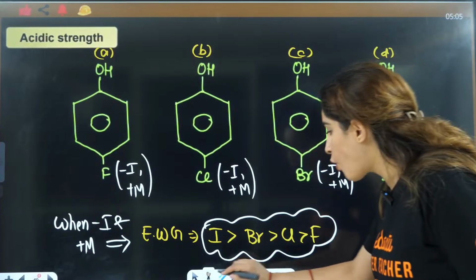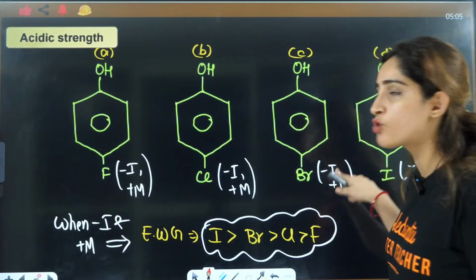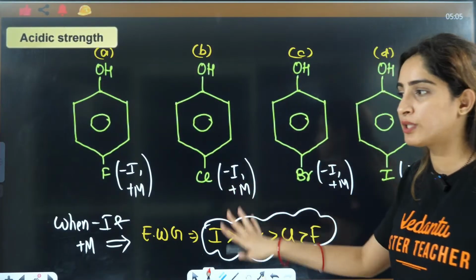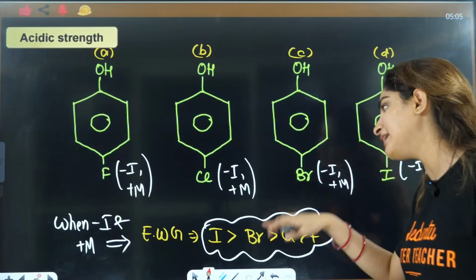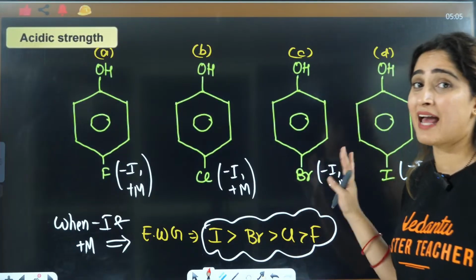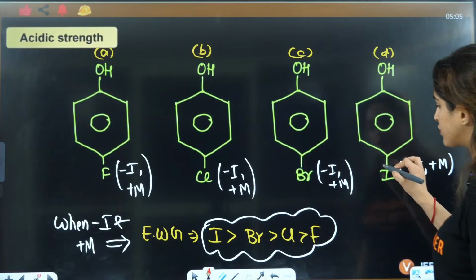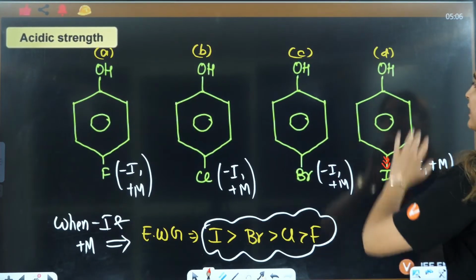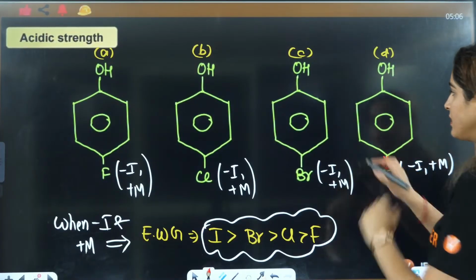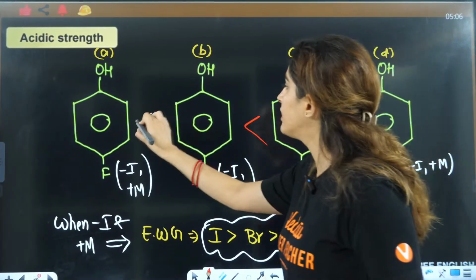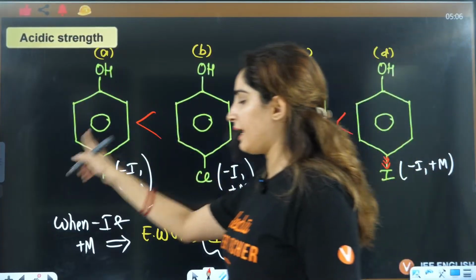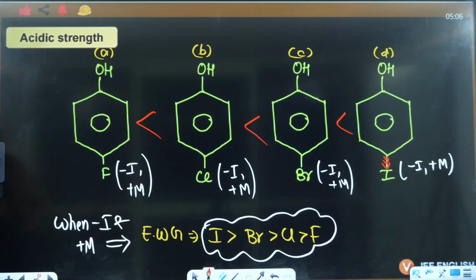So the overall effect is not based on minus I alone. It is a mixture of both effects, that is iodine, then bromine, then chlorine, then fluorine, which has the minimum. So this has maximum electron withdrawing nature. That is why it will make it the most stable, and the answer is going to be DCBA.